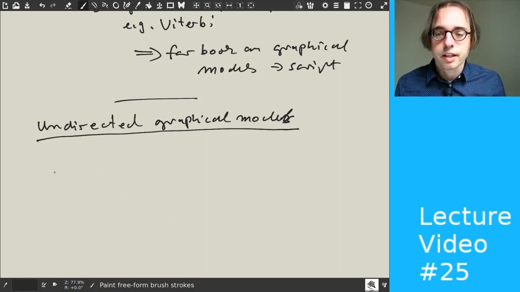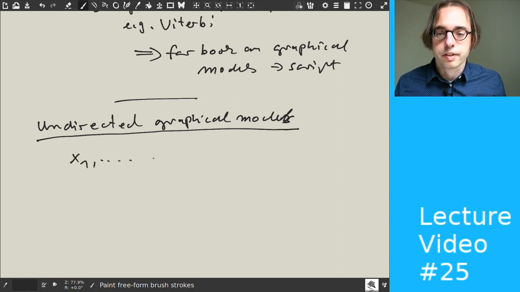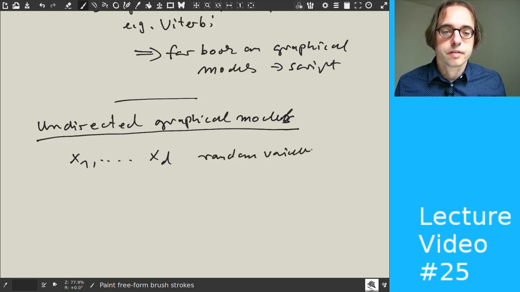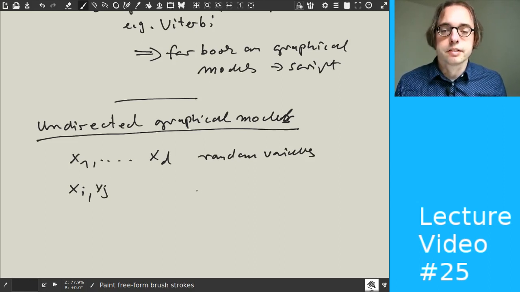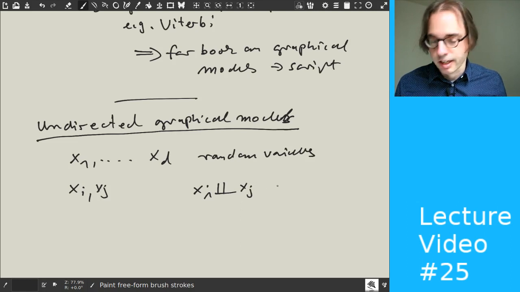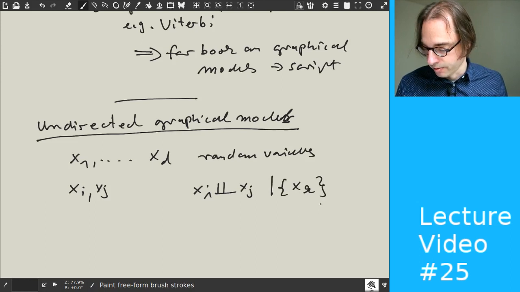Let's say we have our set x1 to xd of random variables, and we pick two variables, xi and xj. Then we can say that xi is independent of xj given all the other variables.